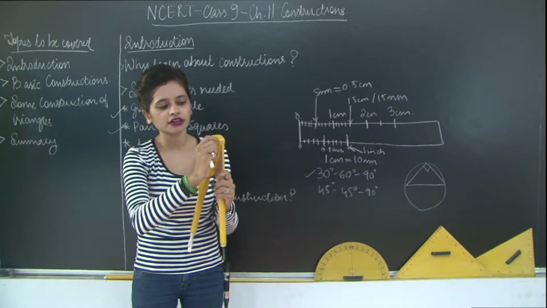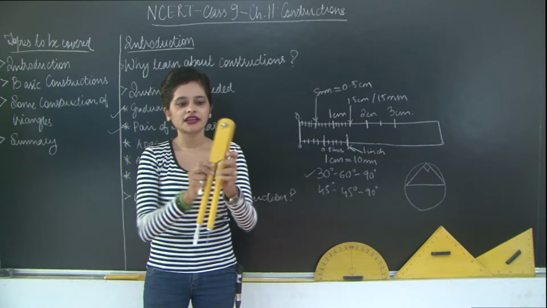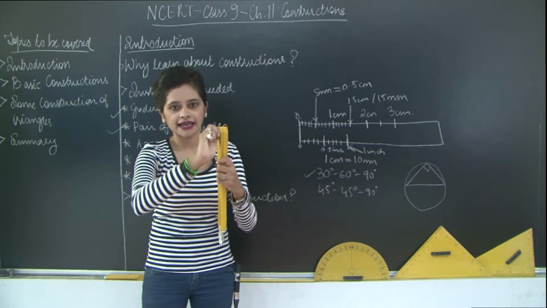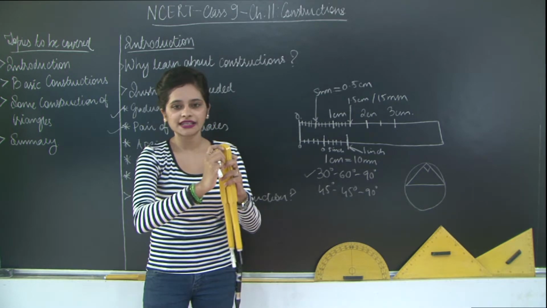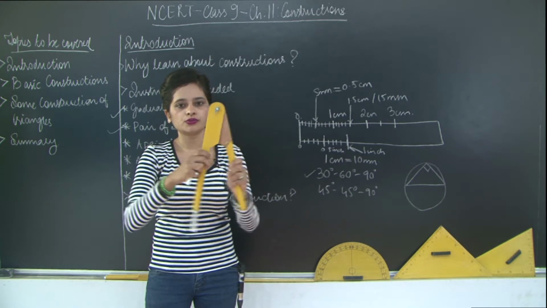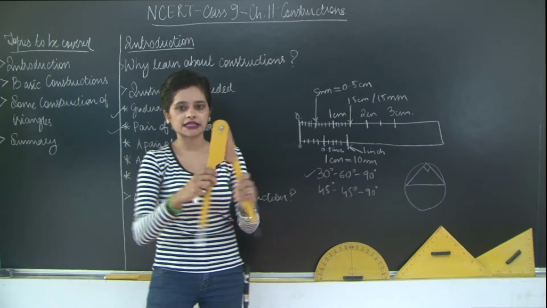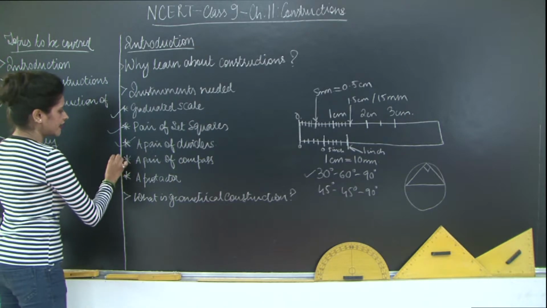See, now I just made it loose, so now it's going to move very freely. But if I want to make it tight, this depends upon whether you need it tight or loose. Now see, it is a little difficult to move, so it has become a little tight. So this was your pair of dividers and compass.